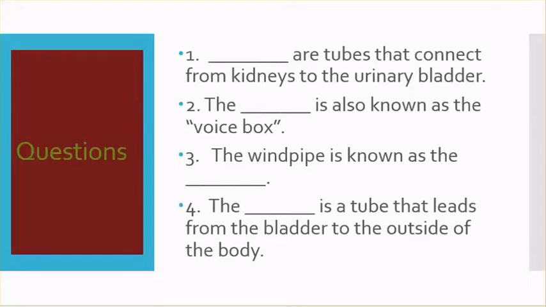Number 3, the windpipe is known as the blank. Number 4, the blank is a tube that leads from the bladder to the outside of the body.